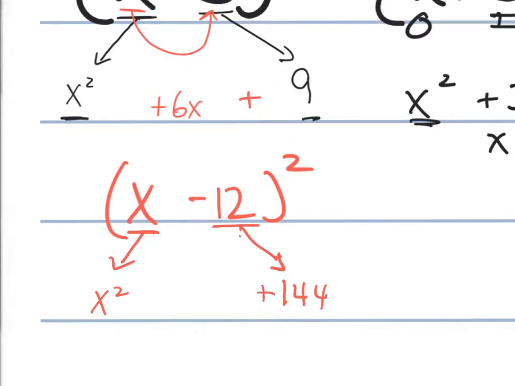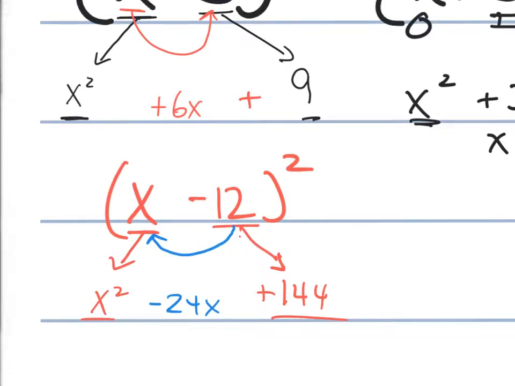Positive 144. There's the first two things that you've got to do. What I'm trying to show you here is that you don't have to FOIL everything out like you used to. Finally, all I'm missing is the middle term. I'm just going to take this times that. So what is negative 12 times x? Negative 12x. Now double that. What is that? Negative 24x.